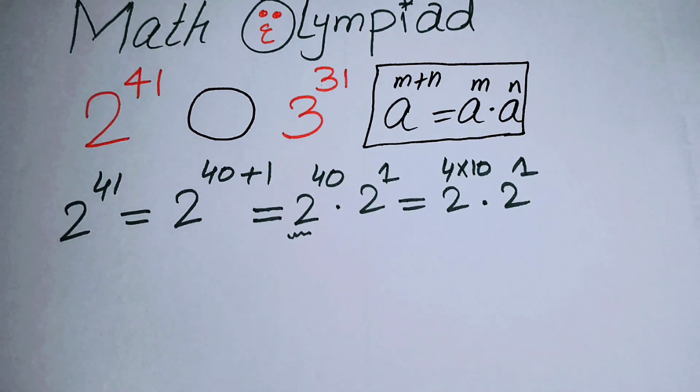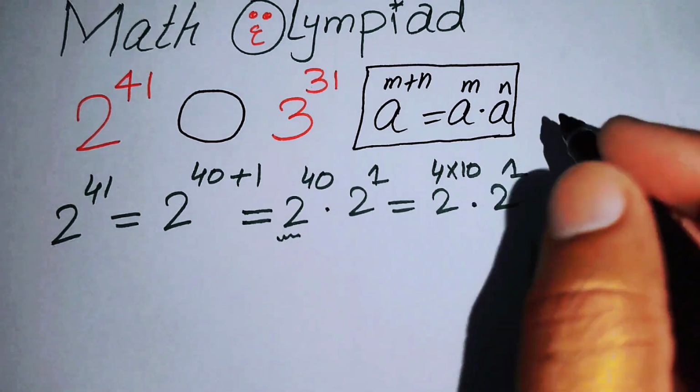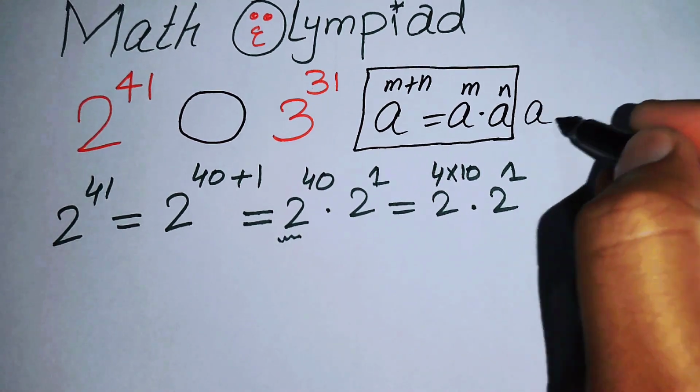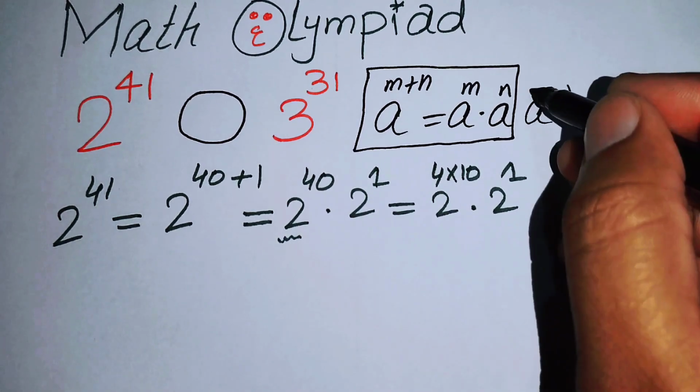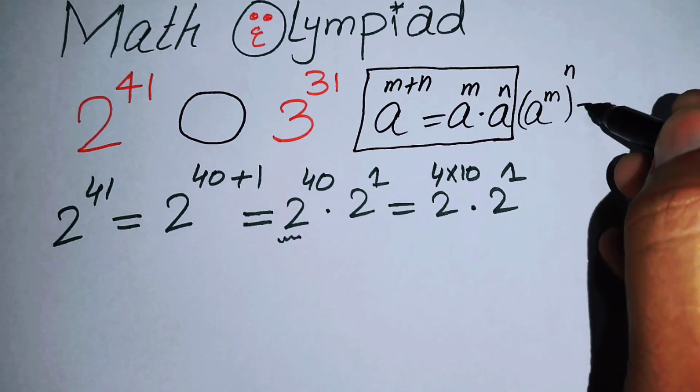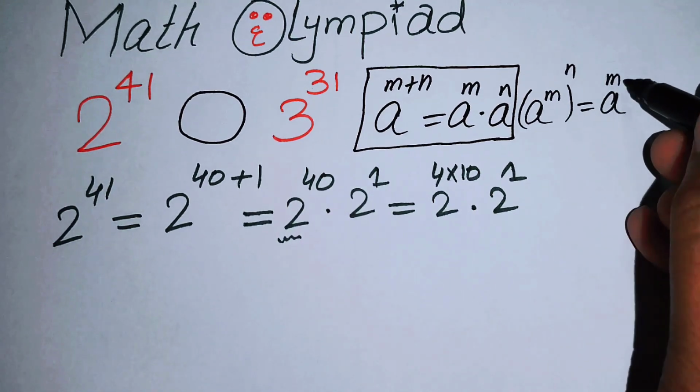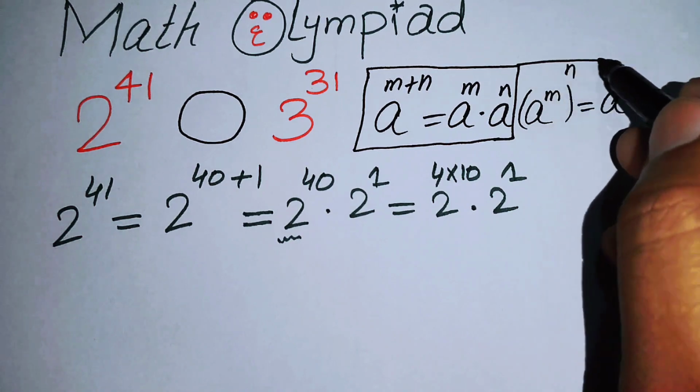After this step we can apply another nice exponential law: if you have a to the power of m to the power of n, it is equal to a to the power of m times n.